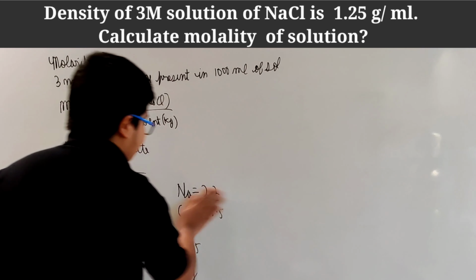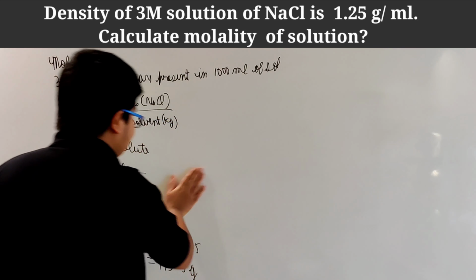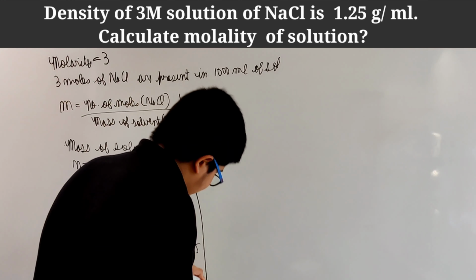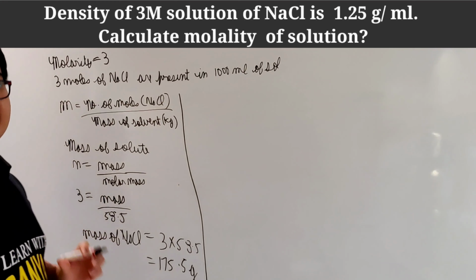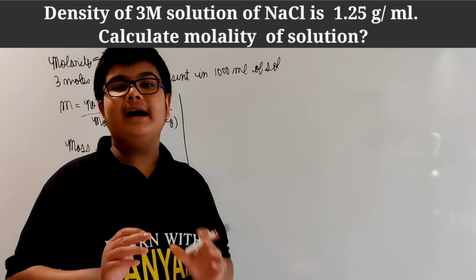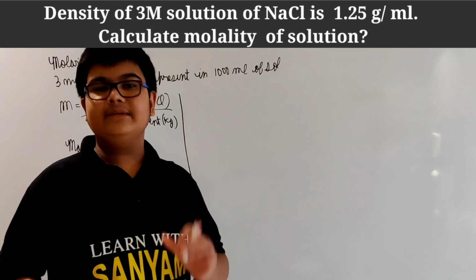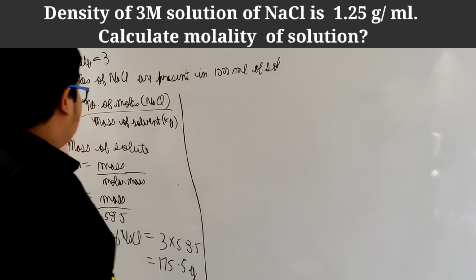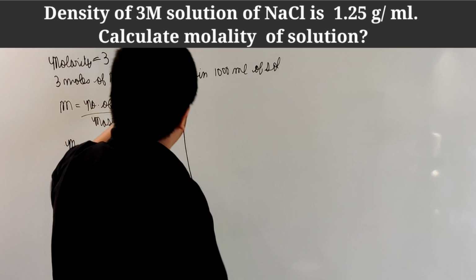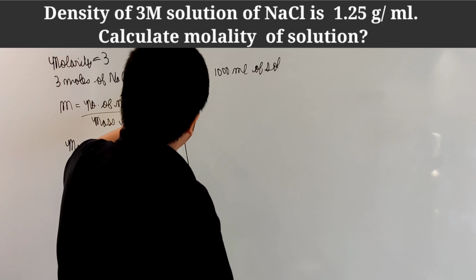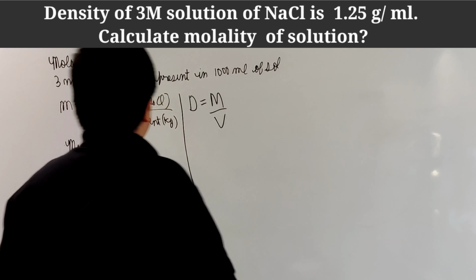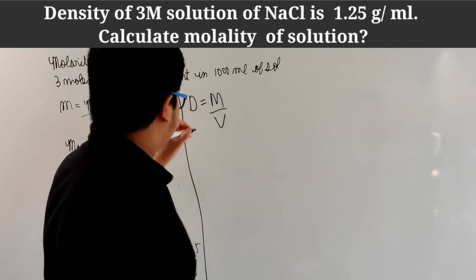Now similarly we can find the mass of solvent, that is water. But for that, first we will have to find the mass of solution, because we are not given the number of moles of solvent. So to find the mass of solution, we know that density is equal to mass by volume. Density is given to us as 1.25.